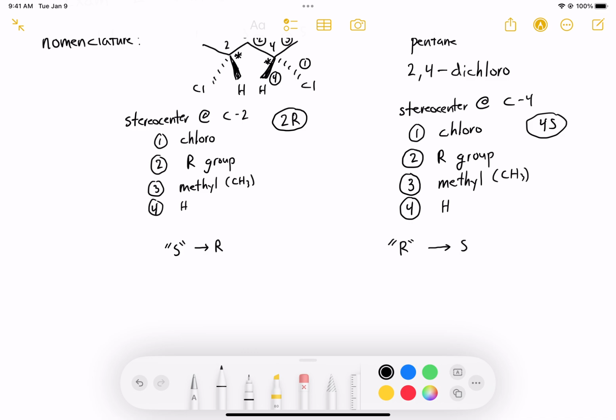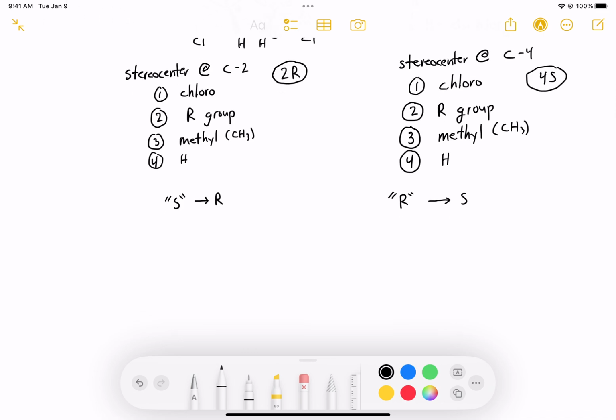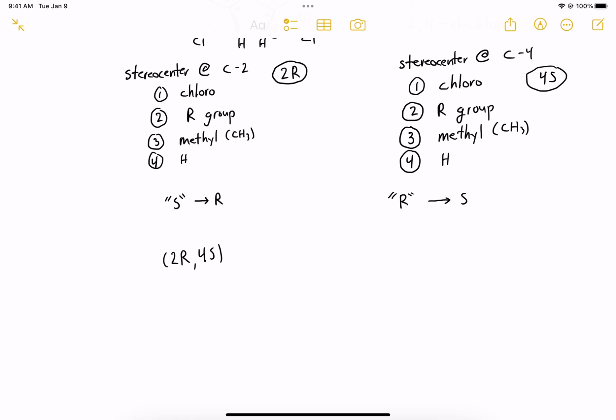And that's what happens. So we would call this 2R, 4S. Not the other way around, because alphabetically R should be at the 2 position, but you have the same numbering scheme, so that's where our tiebreaker comes in.